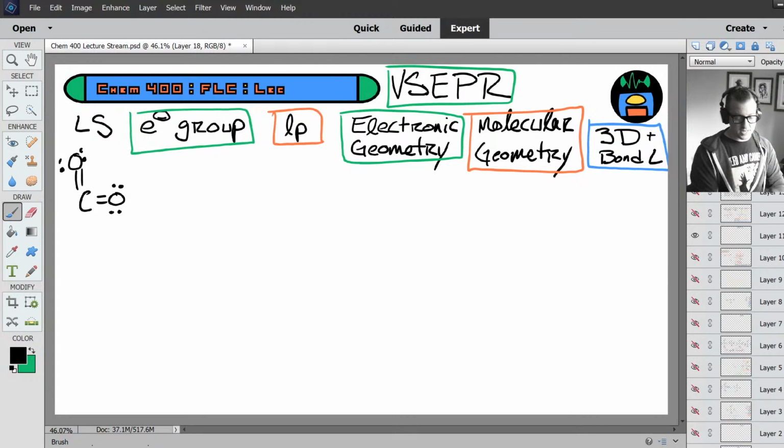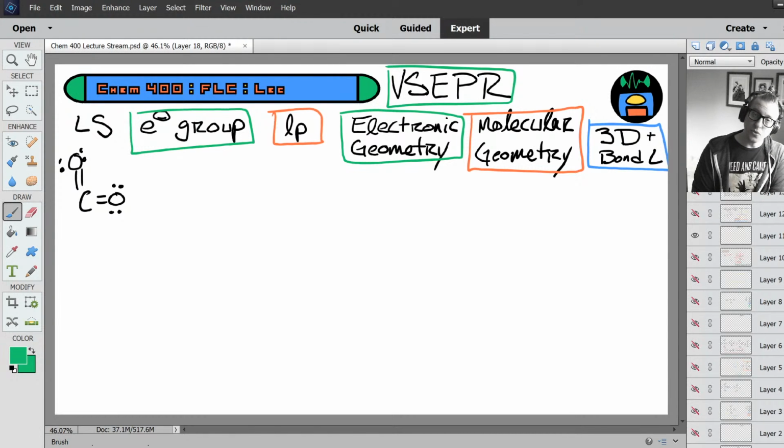I will commonly ask you what's the bond angle, or what is the molecular geometry around the central atom in a given molecule. To answer that question, you first need to determine the number of electron groups, which is the number of atoms attached to the central atom plus the number of lone pairs on the central atom.